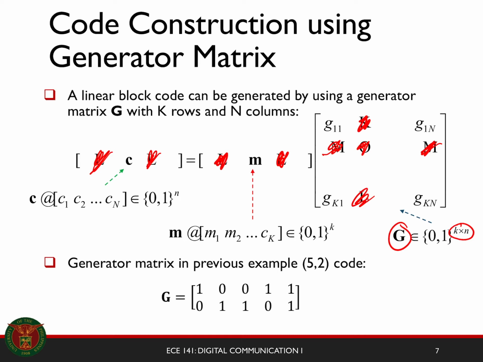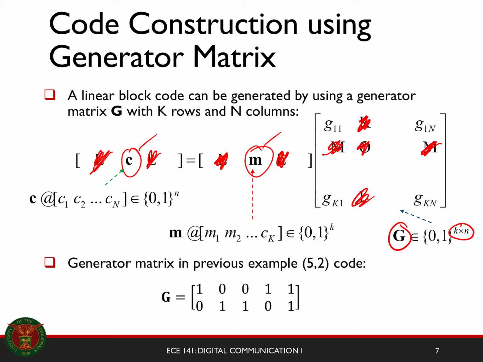You multiply it by a row vector representing the message, which results in a row vector representing the code word. If you do matrix multiplication, you end up with a code, not yet a systematic code, just a code.